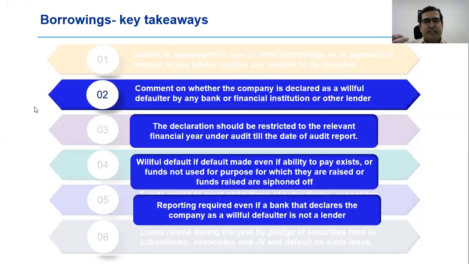Company B calling this entity a willful defaulter will not trigger any reporting under CARO, because company B is not a government authority, neither is it a bank or a financial institution. So those were the two or three salient points that I wanted to highlight from the standpoint of declaration of willful defaulter. One of those interesting items: this information is publicly available, and yet CARO 2020 requires the auditor to comment on this particular item.